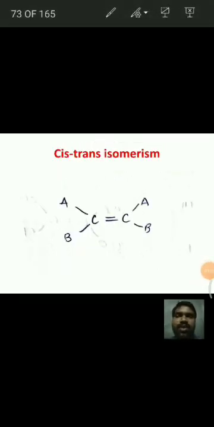In alkenes, you know that each sp2 hybridized carbon is attached to two more groups. For showing cis-trans isomerism, the two groups attached to a sp2 carbon must be different.